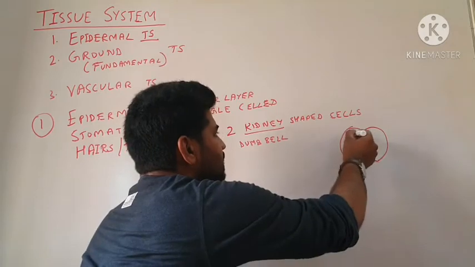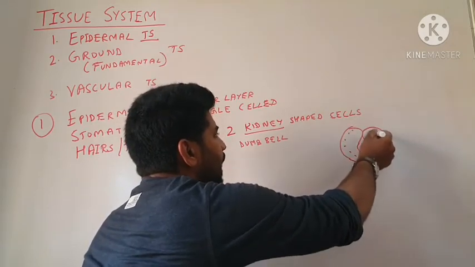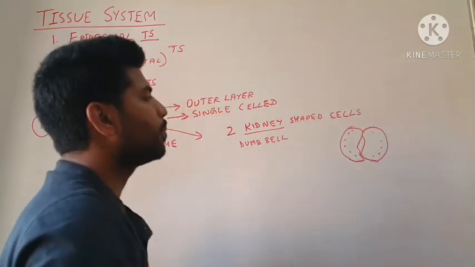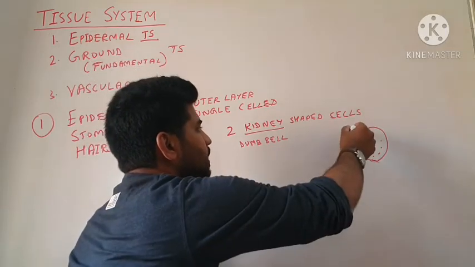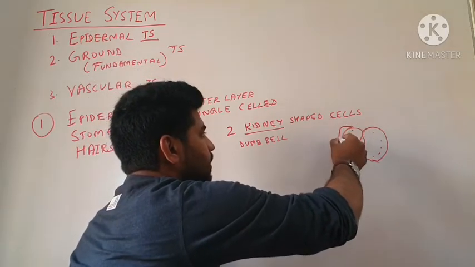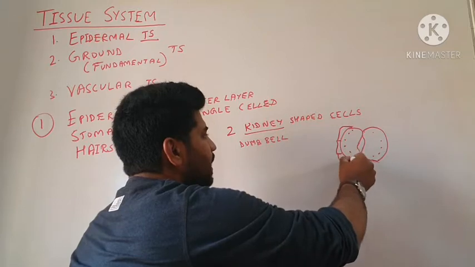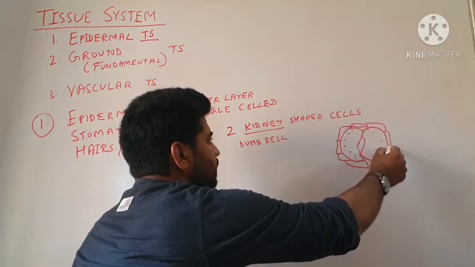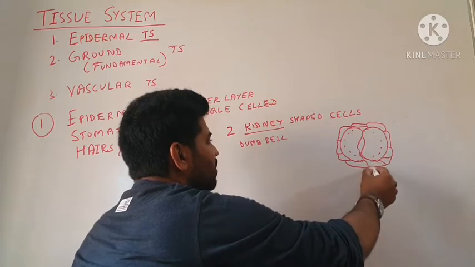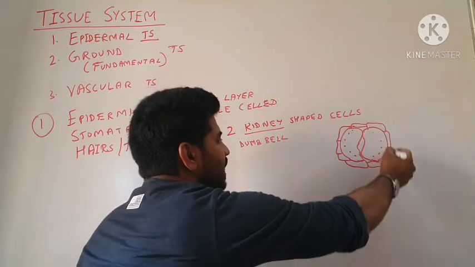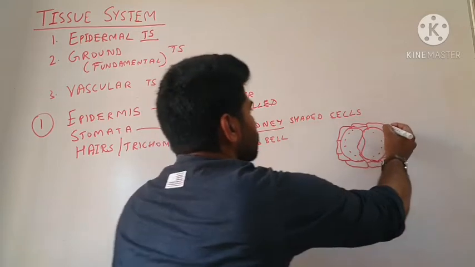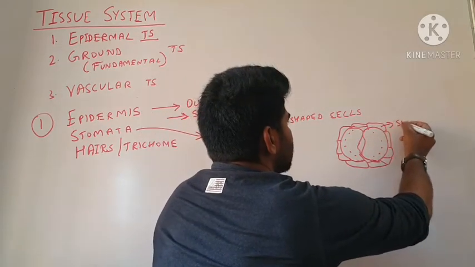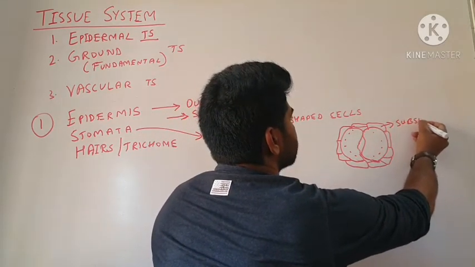These guard cells have chloroplasts present in them, so they can perform photosynthesis. The guard cells are surrounded by epidermal cells. Sometimes some epidermal cells become specialized and become the subsidiary cells.